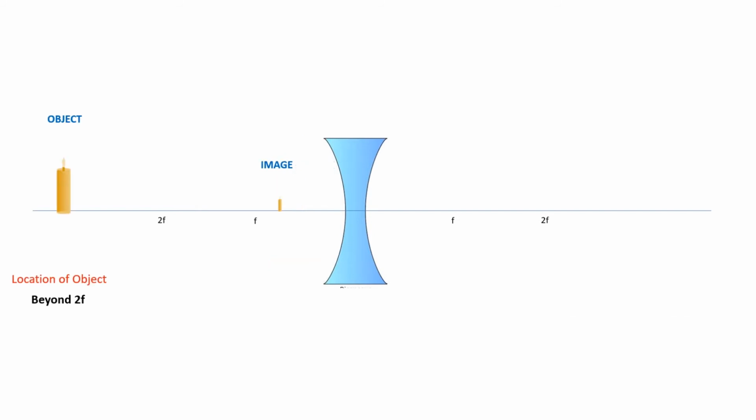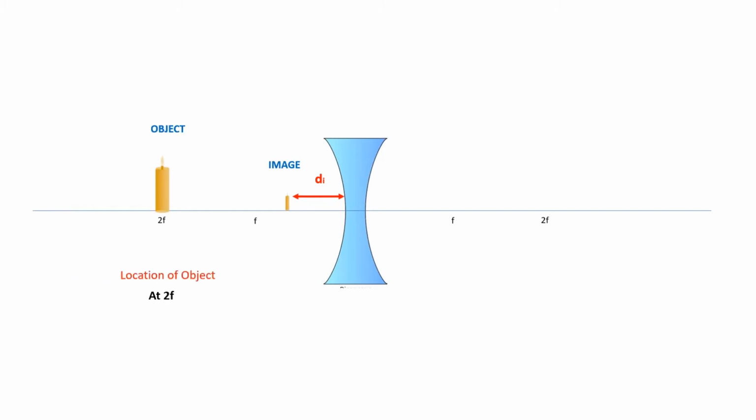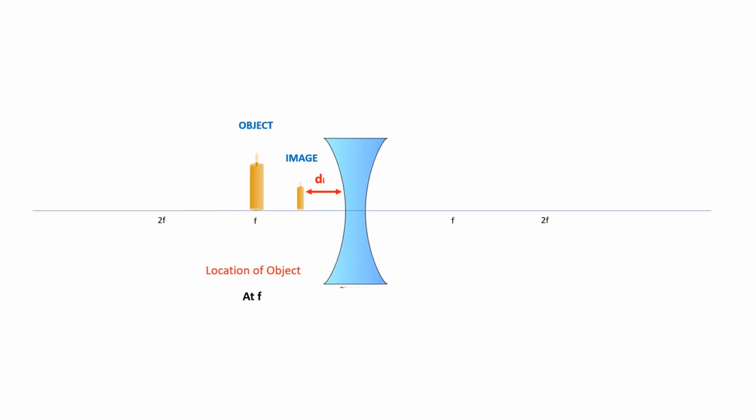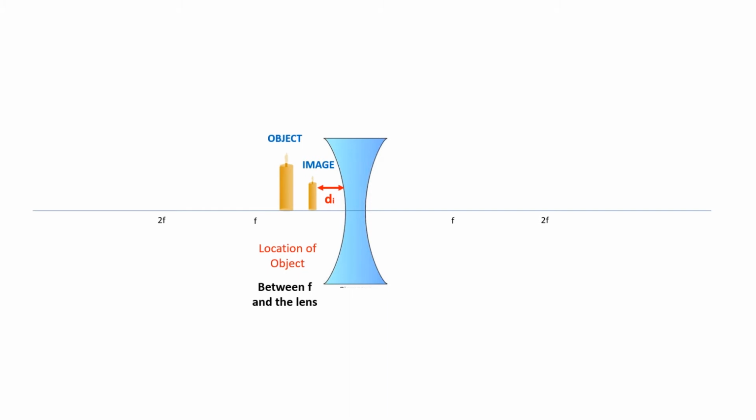Now, consider these diagrams. Then try to explain how the image distance is related to the object distance. So, what happened to the image distance as the object distance decreases?